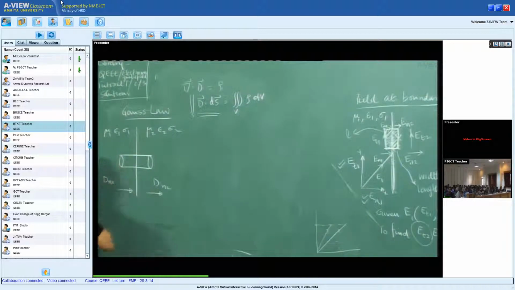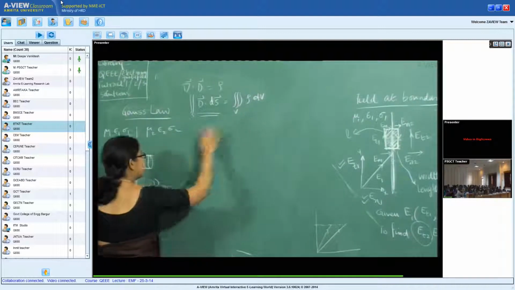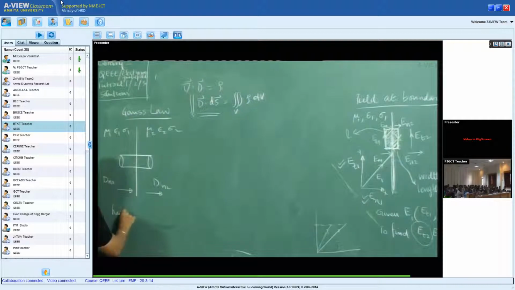what is my left hand side? I am going to use the same argument. I will calculate the left side, calculate the right side in the limit that, let us say this is the height H of the cylinder, and this is, let us say, area A. I will calculate the whole surface integral and then impose the limit that H tends to 0.